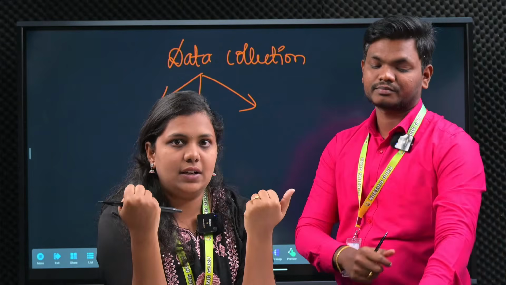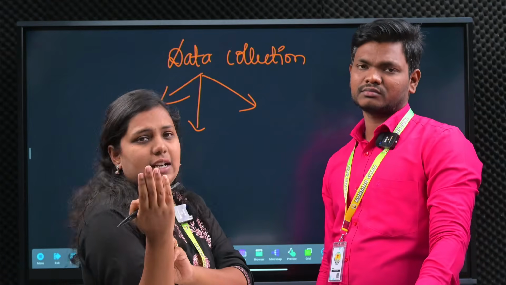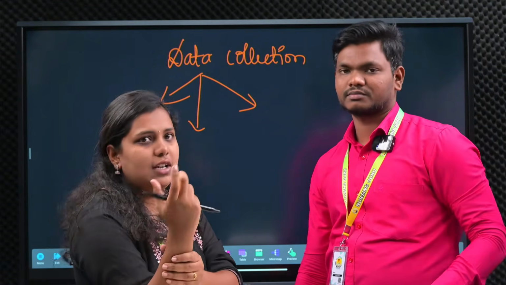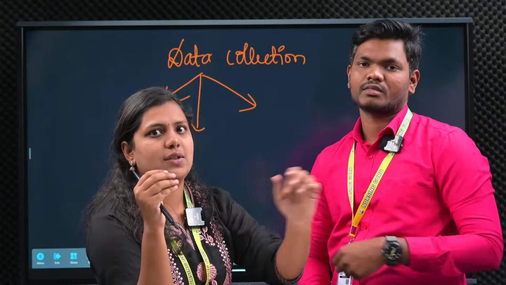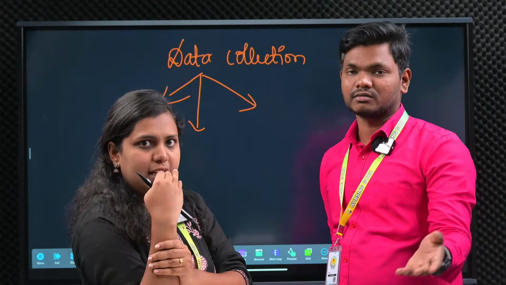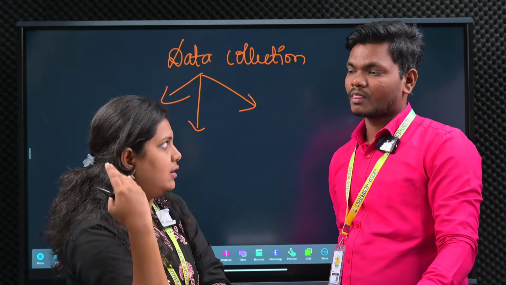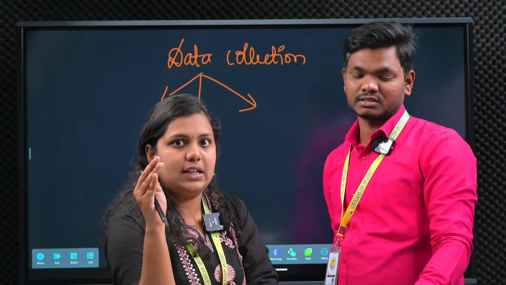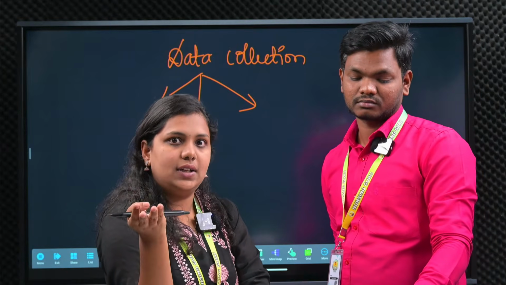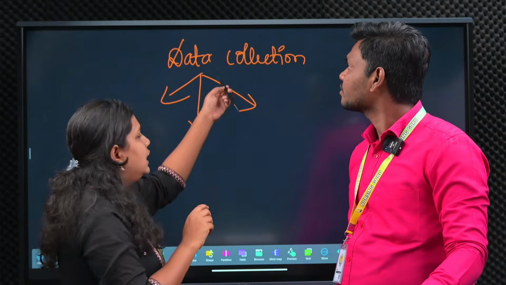For example, the observation method can be used for mentally ill patients, like psychiatric patients. We cannot go and ask questions of mentally ill patients because there will be instability in their mindset. Based on the sampling, we have to choose the data collection methods.